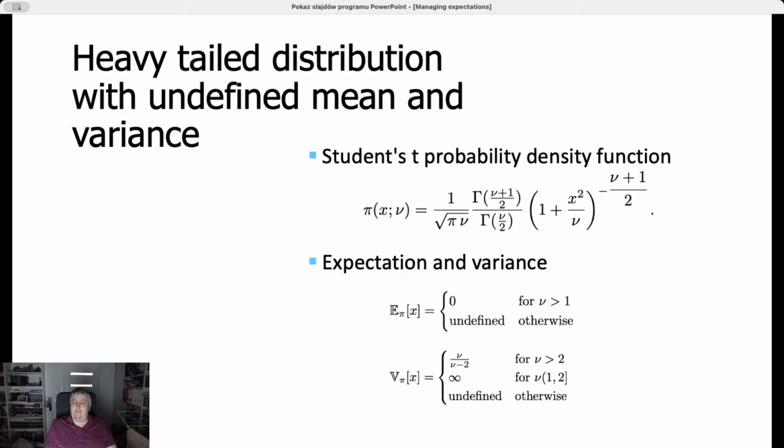As long as the degrees of freedom are greater than 2, variance is given as this ratio of number of degrees of freedom divided by number of degrees of freedom minus 2. If degrees of freedom are between 1 and 2, including 2, the variance is infinite. So while there exists an expected value, the variance can be infinite. And finally, if degrees of freedom are less or equal than 1, there is also no variance, which of course is also consistent with lack of expectation.